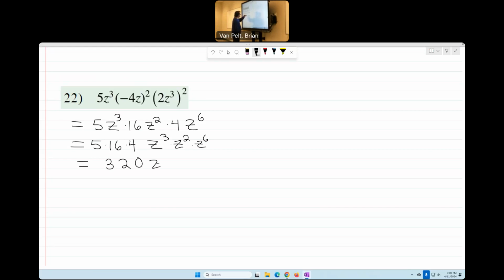And then what's going to be the exponent for Z? 11. You're going to add all those numbers up. We added 3 plus 2 plus 6, that's correct. So it's 320 Z to the 11.